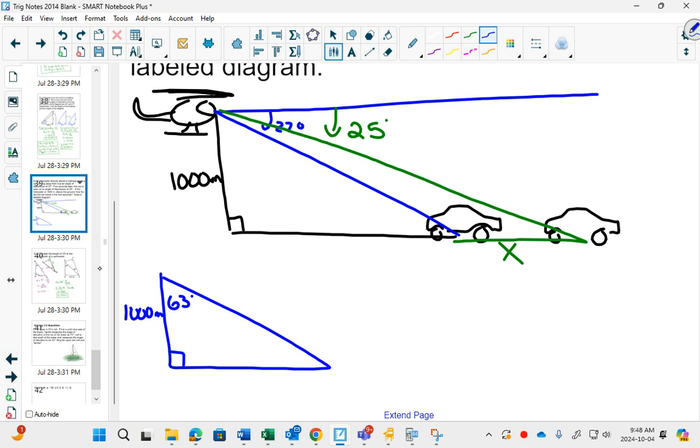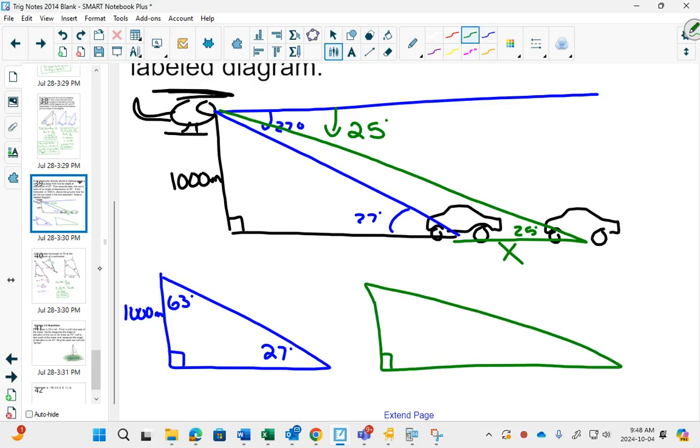And something that's very cool that happens with angles of depression, that if this angle of depression is 27, this angle down here, because now that triangle has to add up to 180 degrees, will be 27 degrees as well. And same thing's going to happen with this one. Since this angle of depression is 25 degrees, when I go to draw the longer green triangle, still 1,000 meters here, this will be 25 degrees, and this will be 65 degrees.